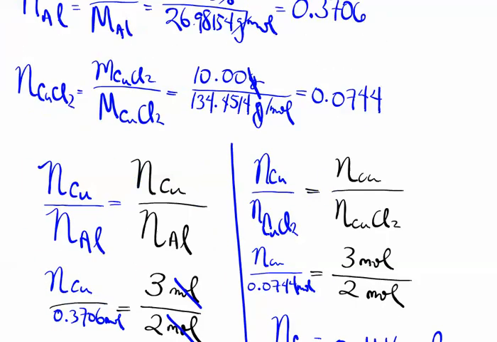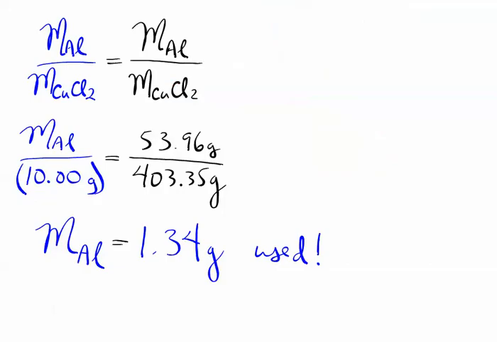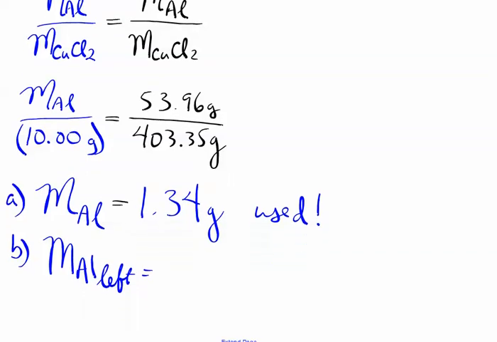Okay, so our next question then, how much is left over? So that was question A. Question B. So our mass of aluminum that's left over is equal to the mass of our total that we had to begin with minus the aluminum that actually got used in the reaction.